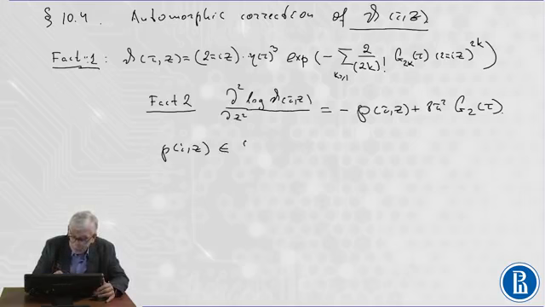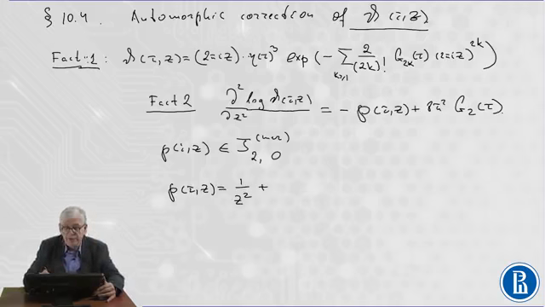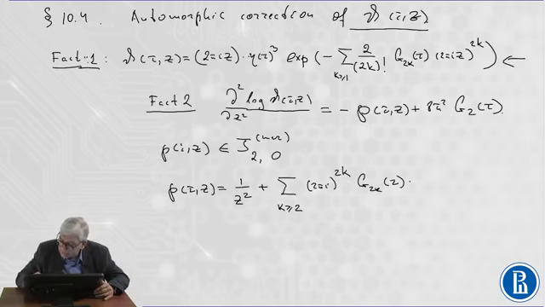This is a meromorphic Jacobi form of weight 2 and index 0, and this Weierstrass function has the following Taylor expansion: 1 over z to the square, so this function has a pole of order 2, plus the sum over k greater or equal to 2 of 2 pi i to the power 2k, like in this formula but without any exponent, G2k of tau times z to the power 2k minus 2 over 2k minus 2 factorial.